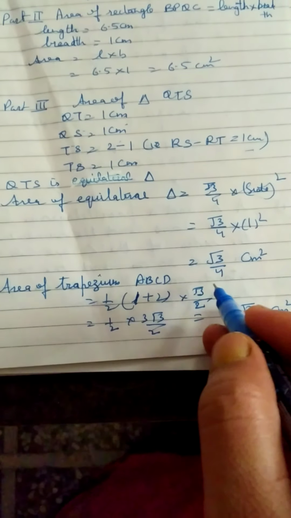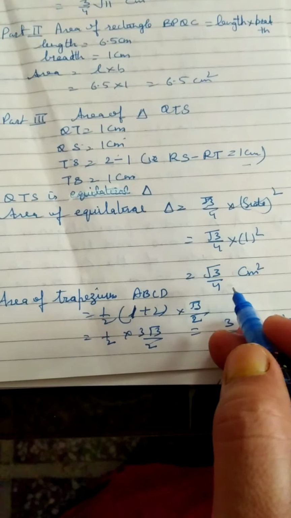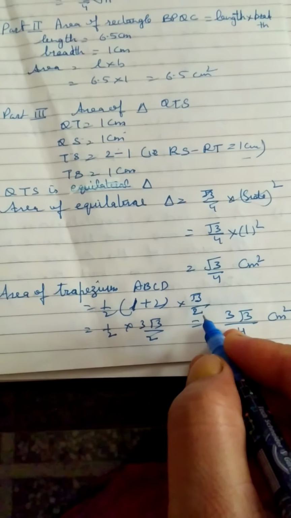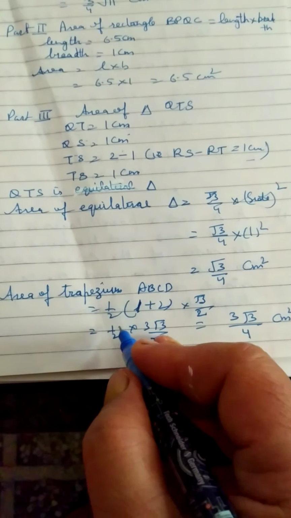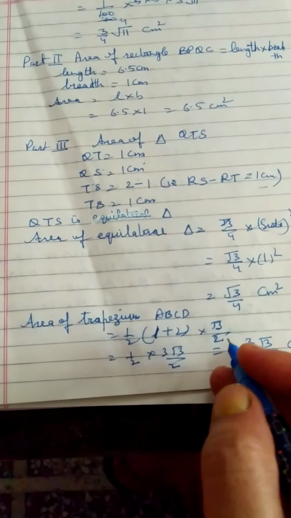Square root 3 by 2 is the height here. Half of 1 plus 2 into square root 3 by 2. How we have calculated the height?